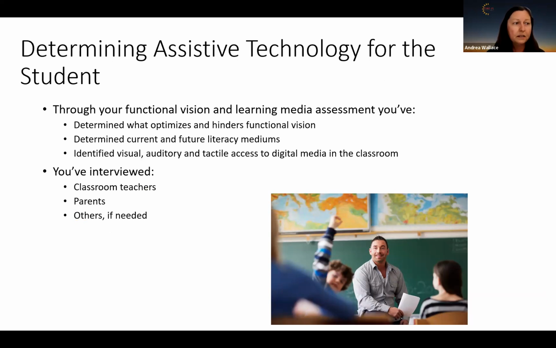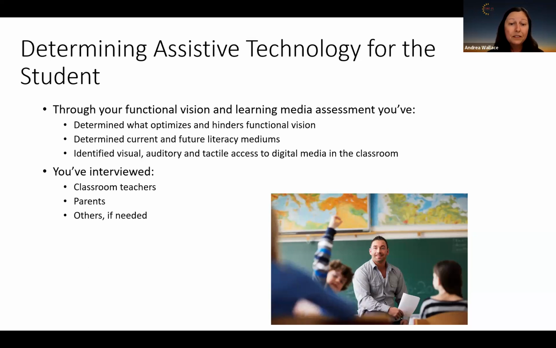So how do we determine assistive technology for the student? Yes, through assessment and trial and all kinds of things. But through that functional vision and learning media assessment, you have determined what optimizes and hinders that student's functional vision. You've determined current and future literacy mediums. You've identified visual, auditory, and tactile access to digital media in the classroom.